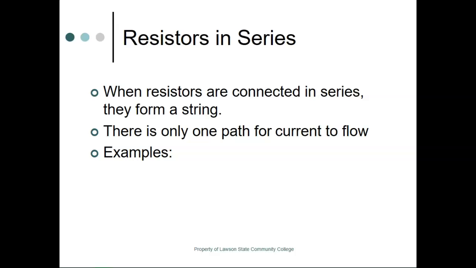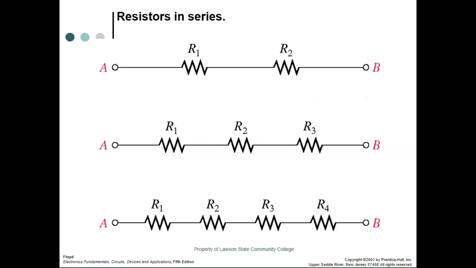So yes, resistors in series, you're dealing with something along the lines of a Christmas tree light string, where nothing ever comes easy. This one only has one flow path, and everything is hooked one after the other.